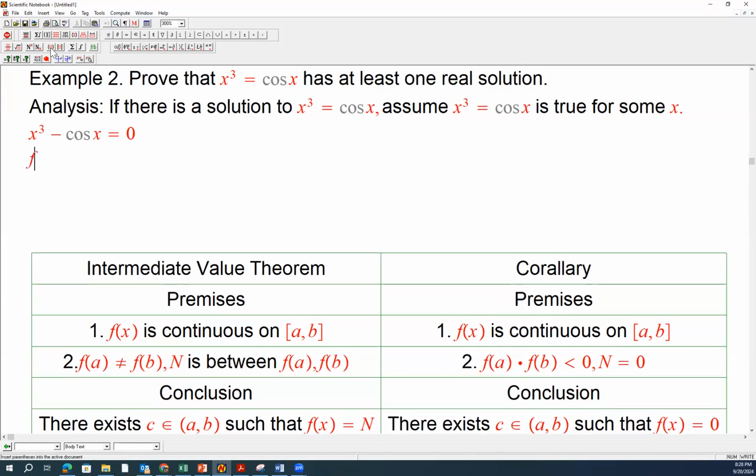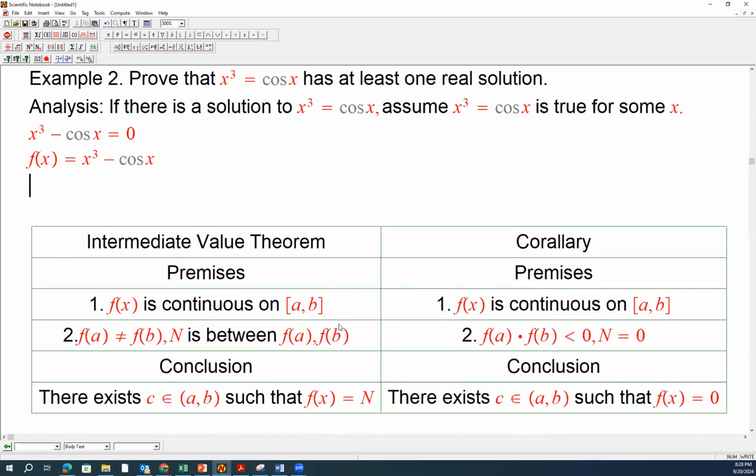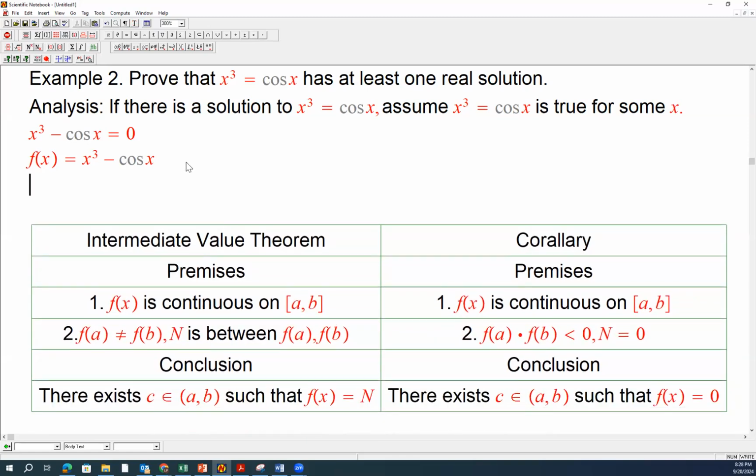So this gives us the clue to identify the function for which we can apply the theorem or the corollary. So we have identified the function.